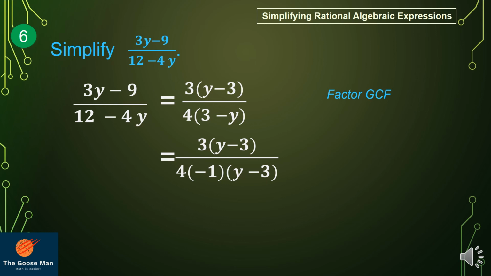So I can now factor out y minus 3 and y minus 3. So in the numerator, I have 3 all over, in the denominator, 4 times negative 1 is negative 4, or simply negative 3/4 as the final answer for 3y minus 9 all over 12 minus 4y.